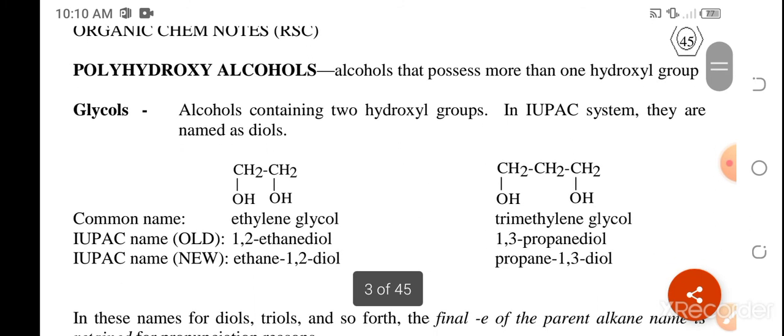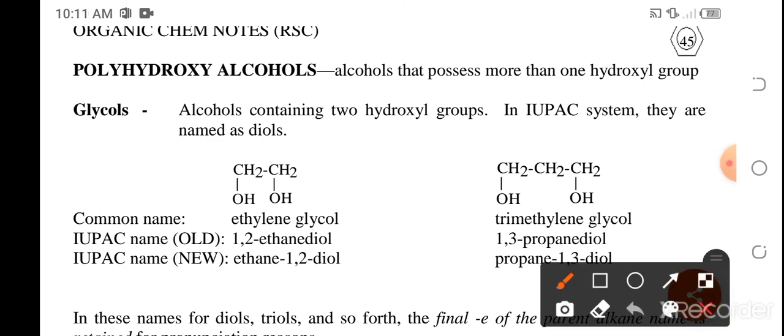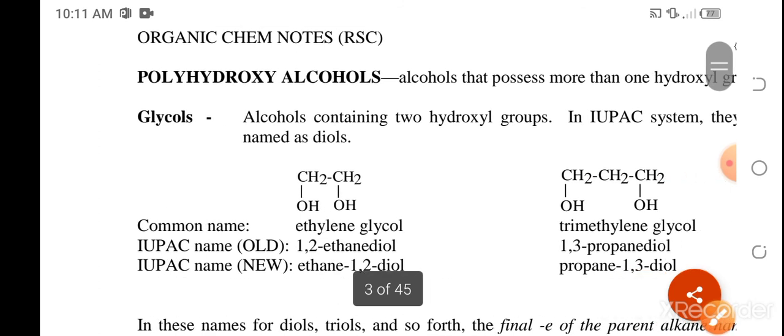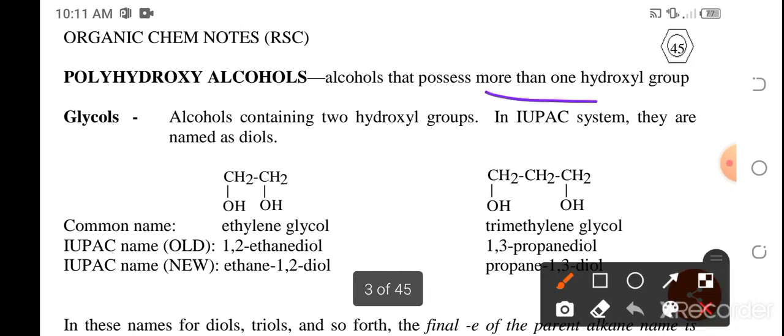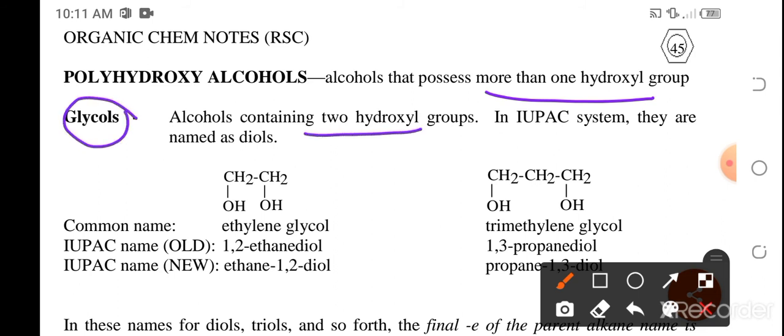We have polyhydroxy alcohols. These are the type of alcohol that bears more than one hydroxyl group. Glycols are the alcohols that contain 2 hydroxyl groups. And the IUPAC naming system here would use the prefix di. Earlier, if there's only one hydroxyl, we add OL.